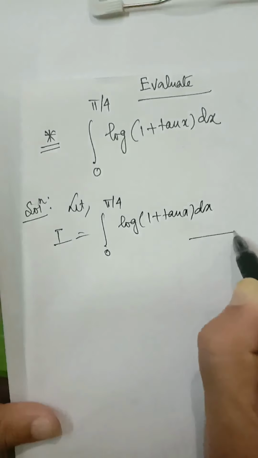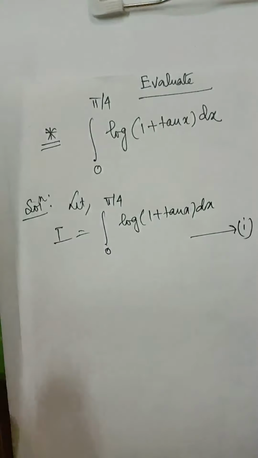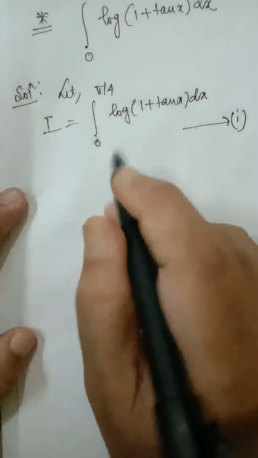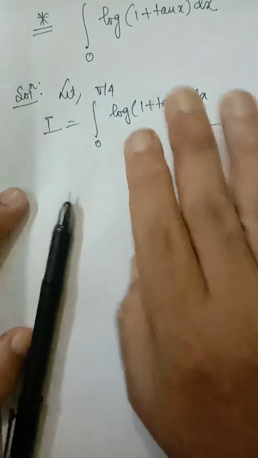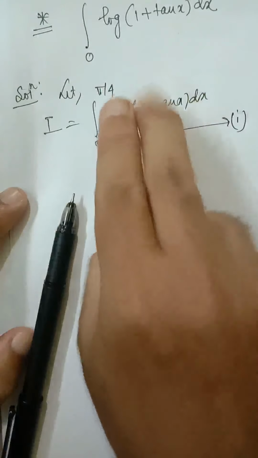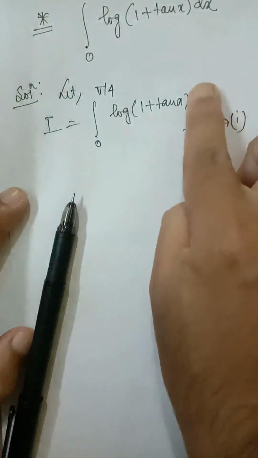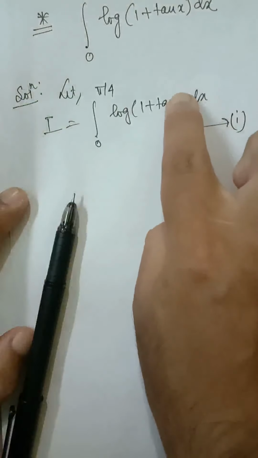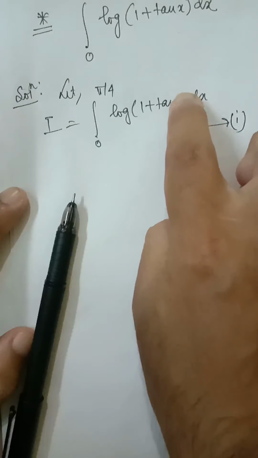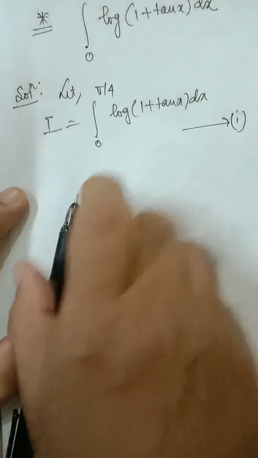We will mark this by 1. Next, this is of the form 0 to a f(x) dx. This is our f(x). Now we will replace x by a minus x. Here a is pi by 4.